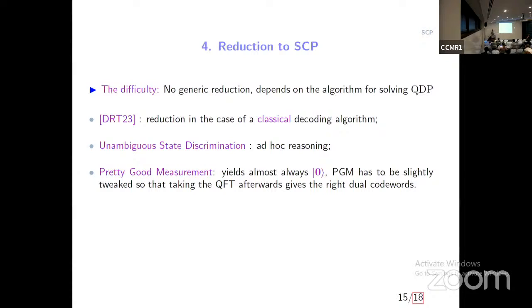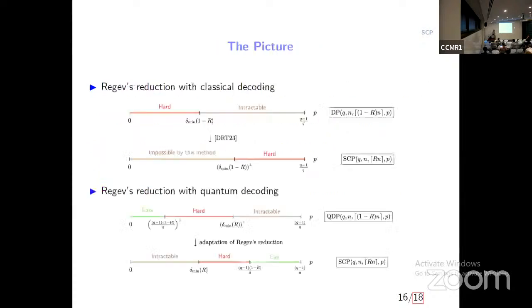So you have to be a little bit careful what you are doing, but these technical difficulties can be solved. And basically, the picture that we get here is the following one. As I said, we can solve the quantum decoding problem with unambiguous state discrimination in polynomial time. This is with a pretty good measurement here. And beyond this, we are sure we cannot solve the problem.